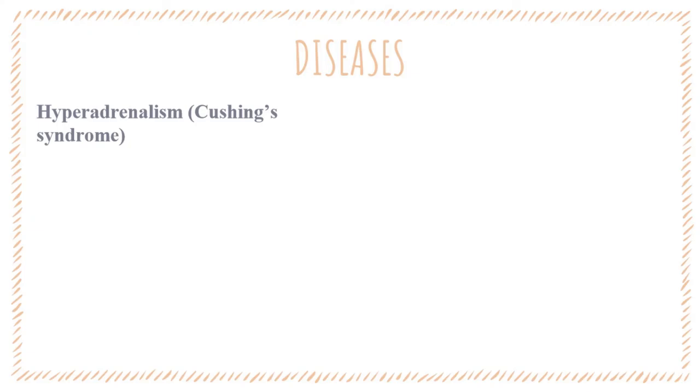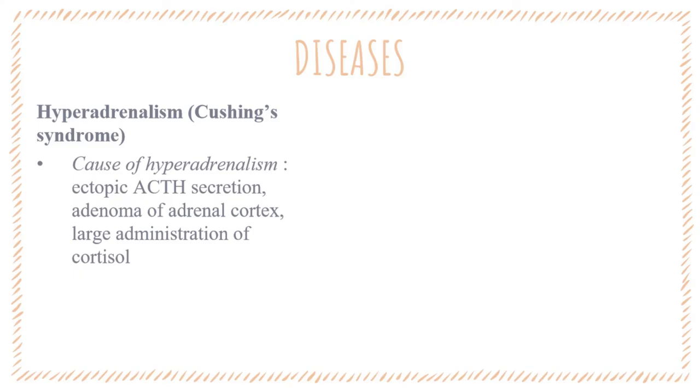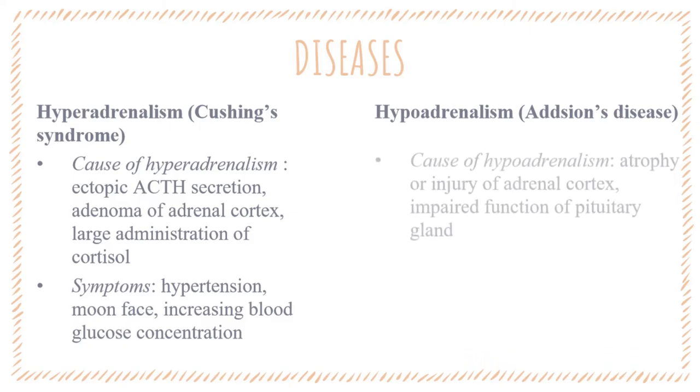Hyperadrenalism or Cushing syndrome. Causes of hyperadrenalism are ectopic ACTH secretion, adenoma of adrenal cortex, and large administration of cortisol. There are symptoms such as hypertension, moon face, and increased blood glucose concentration. Hypoadrenalism or Addison's disease.